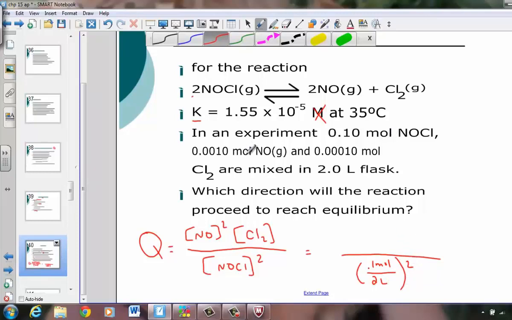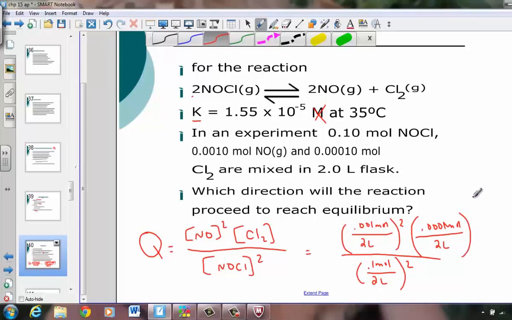The next number given to us is the NO, which is also squared, so 0.001 mole per liter. And the last number given to us, 0.0001 moles per liter, and that's to the first order.